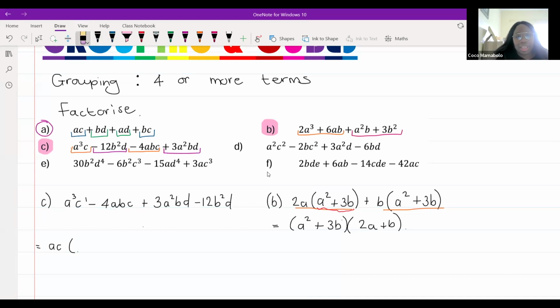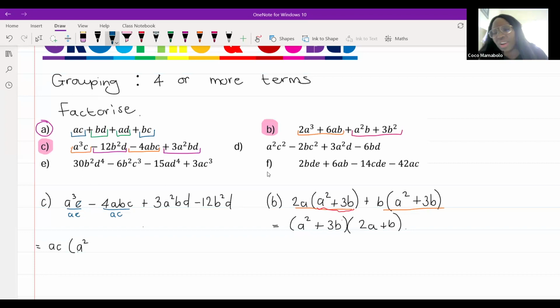And then we're going to divide this part by ac, and we're going to divide that part by ac. Over here, I know that a cubed divided by a will give us a squared. And then the c's will cancel. They don't actually cancel, it's just that they give us 1.